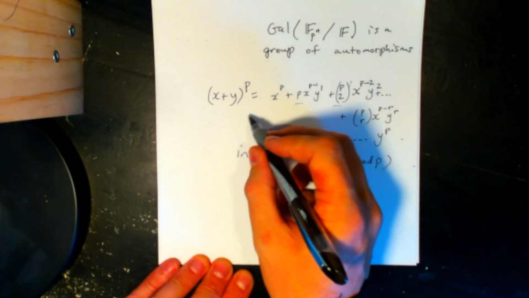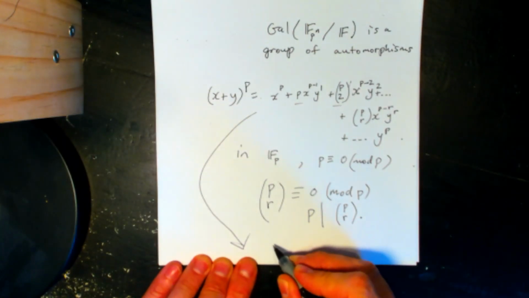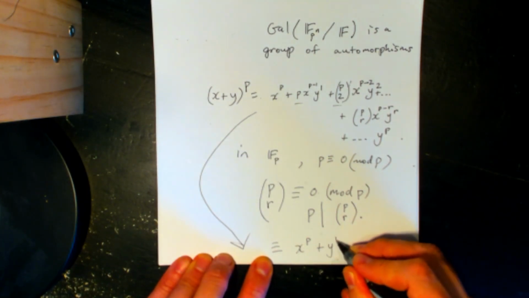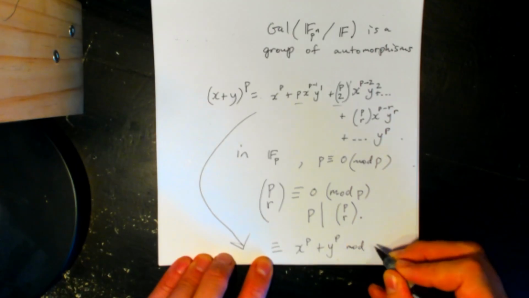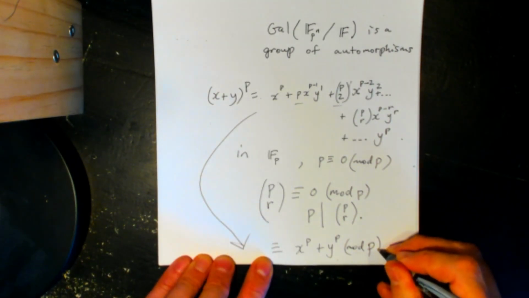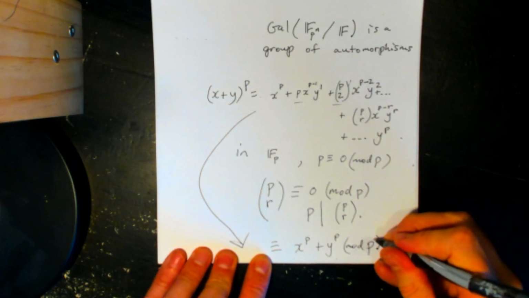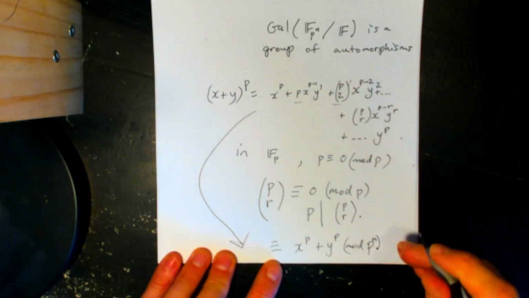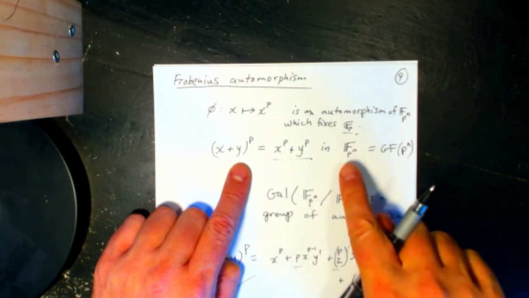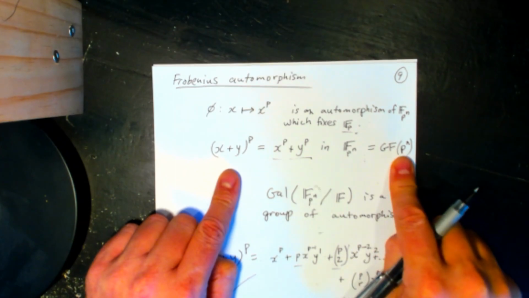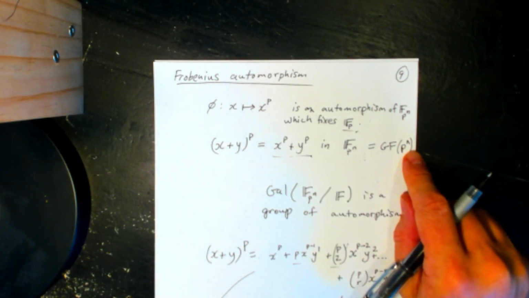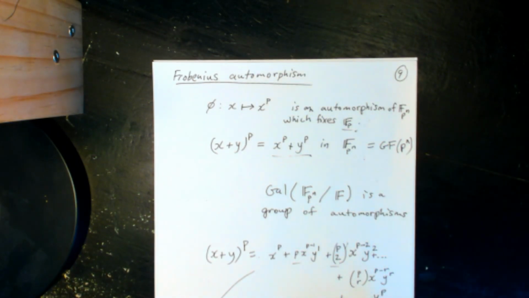And so this one is congruent to x to the power of p plus y to the power of p modulo p, and in fact even modulo p to the power of n. And so that's why we have this identity in this Galois field of p to the n elements, or the finite field of p to the n elements.